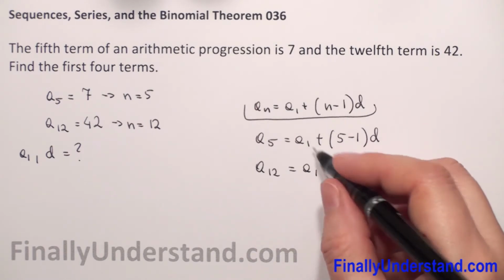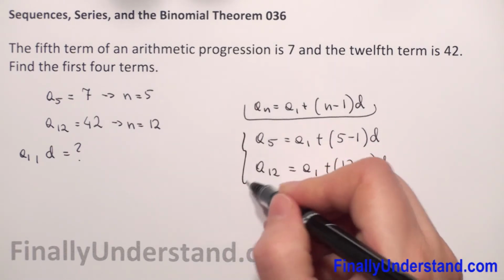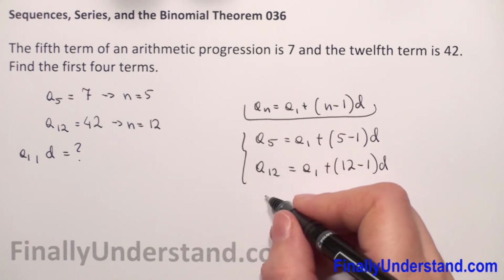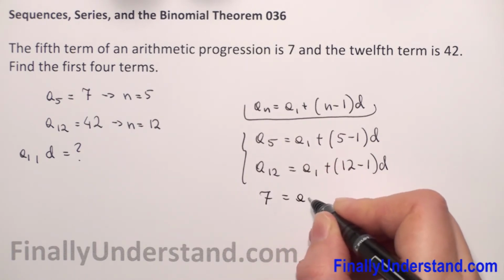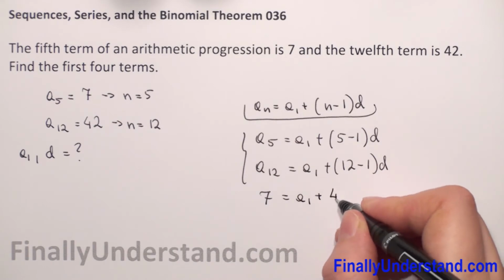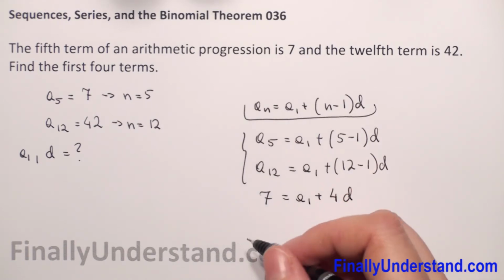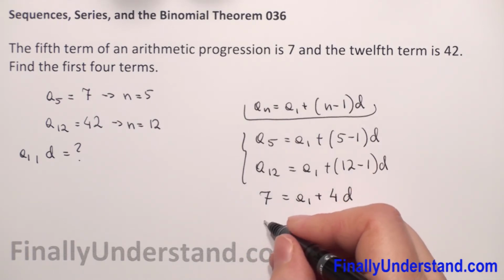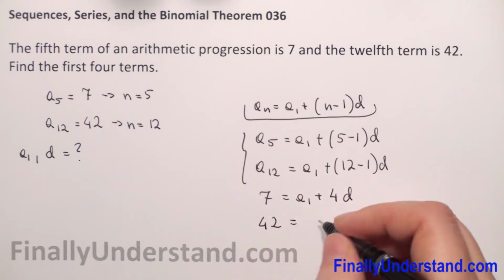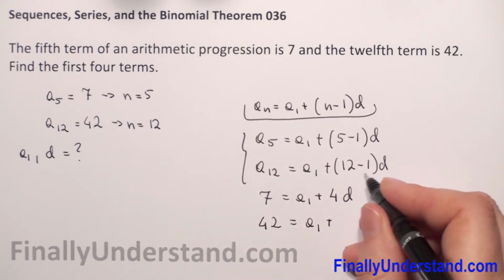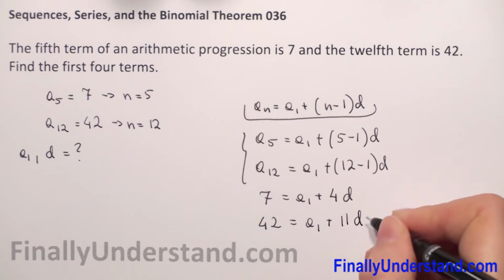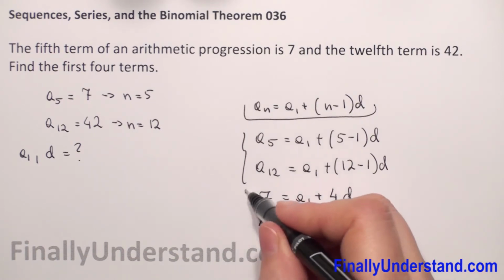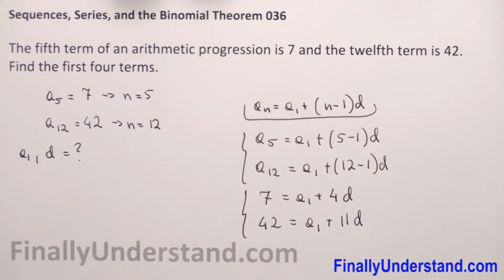So we have two equations: 7 is equal to A1 plus 4d, and 42 is equal to A1 plus 11d. Two unknowns, two equations.